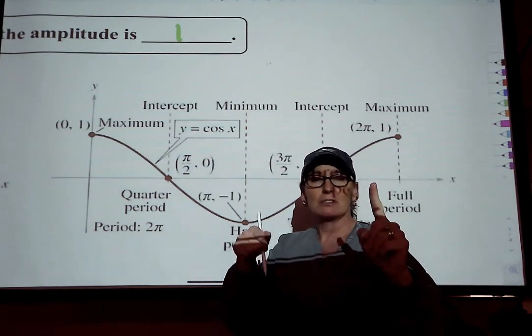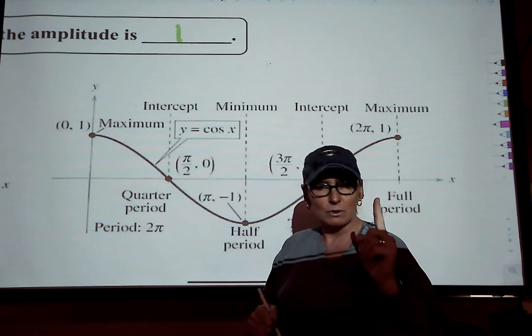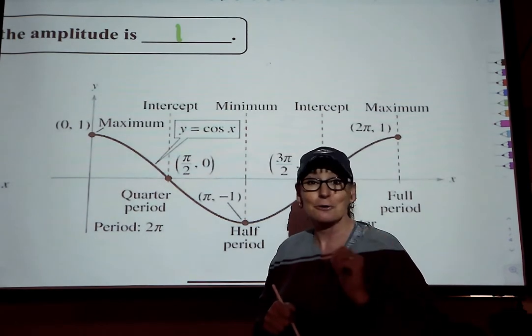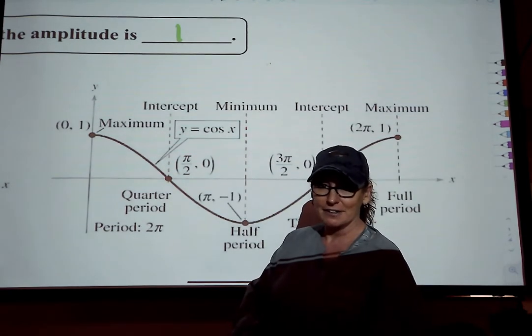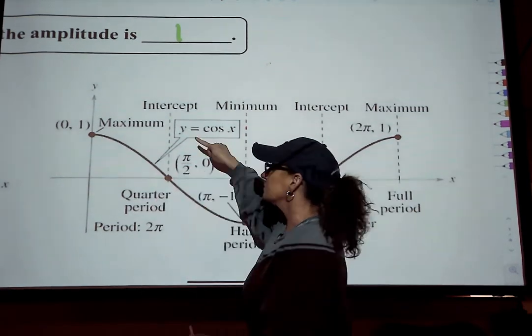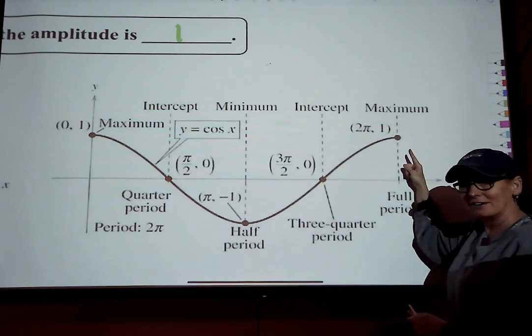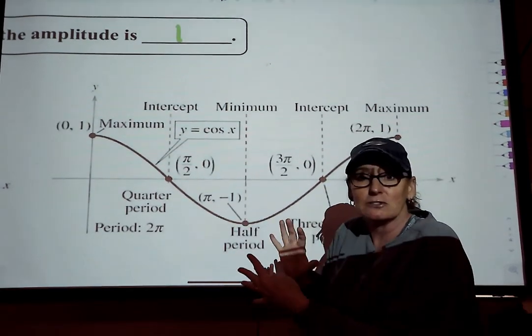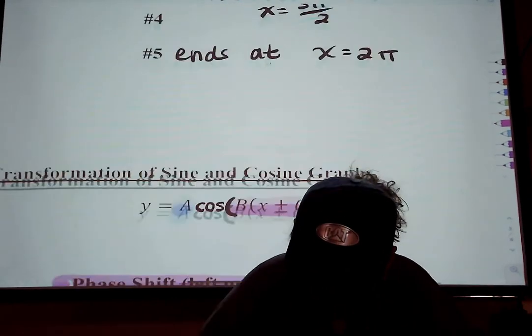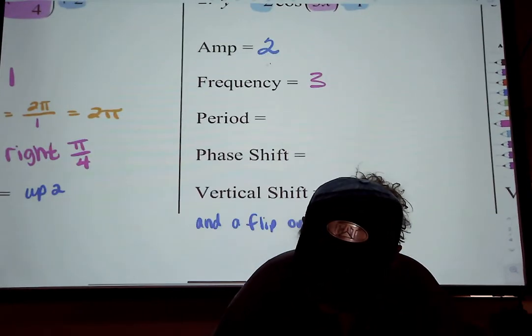The problem that we were just on, what's its frequency? 3. So from 0 to 2 pi, the problem that we're on is going to go 1, 2, 3. It's going to do this 3 times. So they're going to be really squished together. I hope you can kind of imagine that.